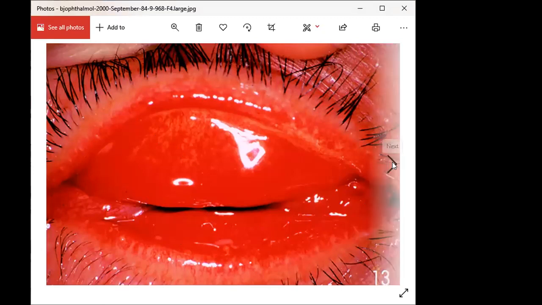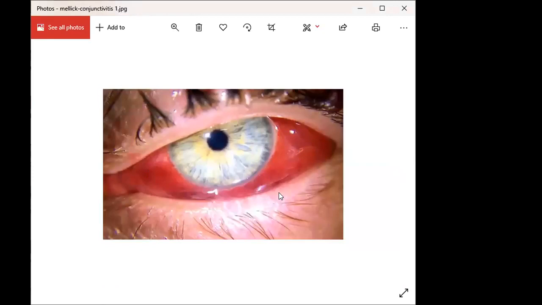The next type of infection is hemorrhagic conjunctivitis. This is caused by a virus, an enterovirus. After the infection, the blood vessels burst and the hemorrhage spreads into the conjunctival region. Both the palpebral and the bulbar conjunctiva are filled with blood.